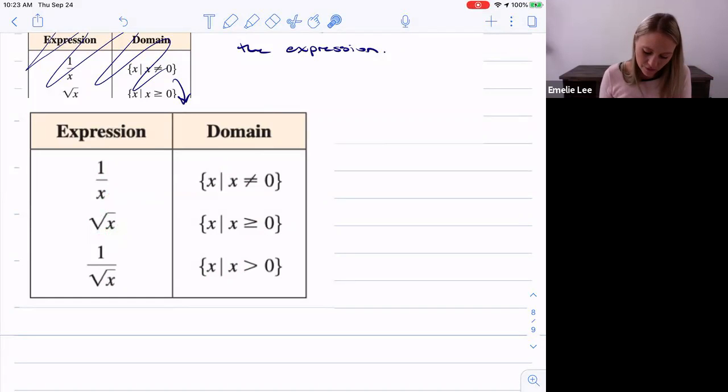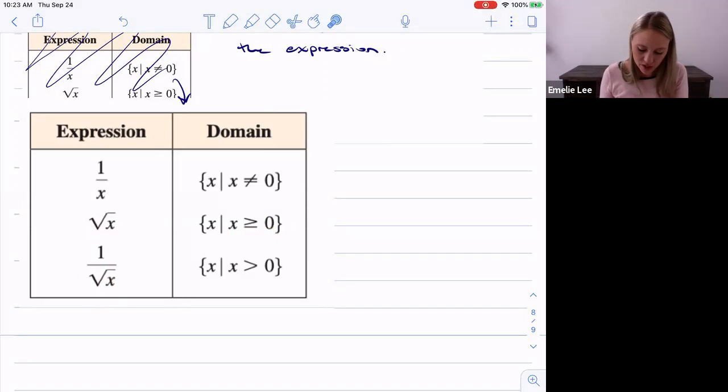So if we've got the root of x, so this is just the square root of x. Remember, we can't take the even root of a negative number. So especially if we've got the square root of x, then x has to be larger than or equal to 0. It can equal 0. The square root of 0 is 0, so that's allowed. Okay? However, if you've got the combination of the two, right, 1 over root x, well, root x is going to be positive, right?